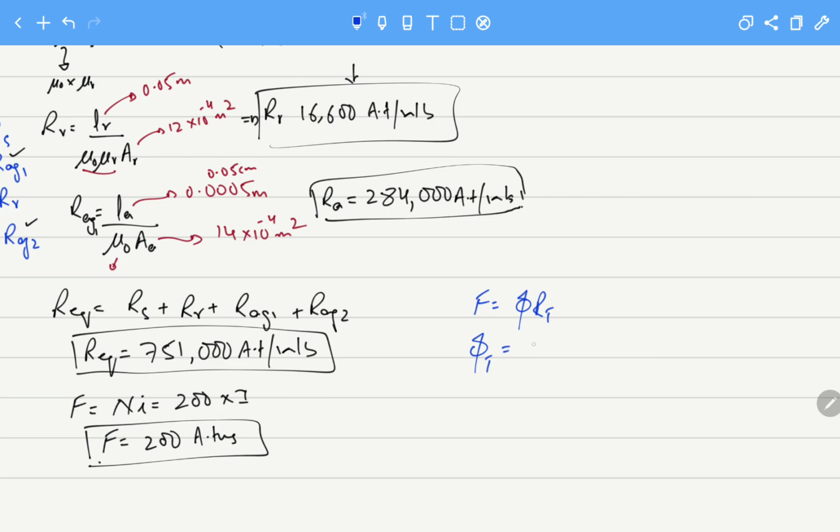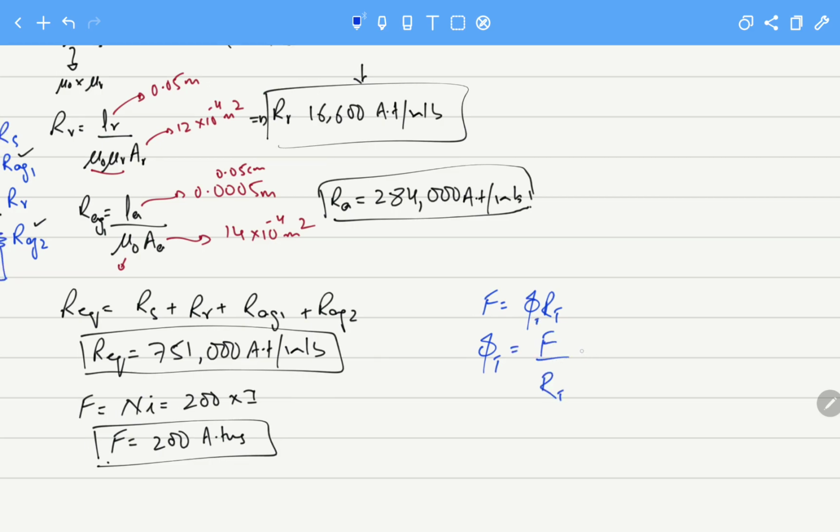So the flux total is F over R total, and that will become 200 divided by our total reluctance. So the flux total will be 0.00266 Webers. That is 2.66 milliwebers.